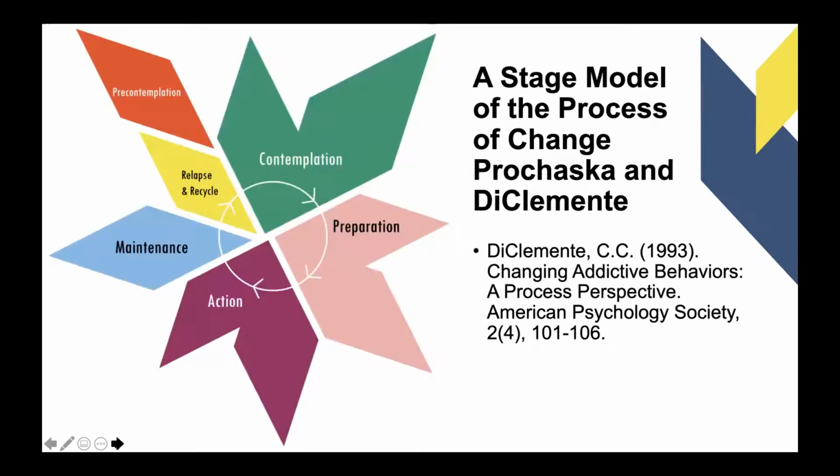Here is a model of the process of change by Prochaska and DiClemente. As you see, we covered the pre-contemplation. There's the contemplation, the preparation, action, maintenance, and the relapse and recycle. So I often think of this as maybe somebody might be planning to lose some weight.